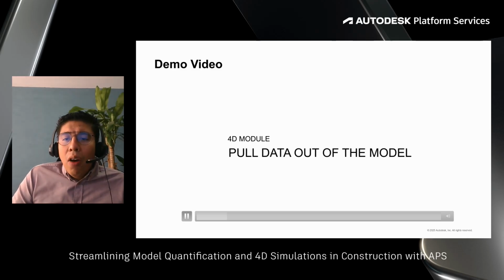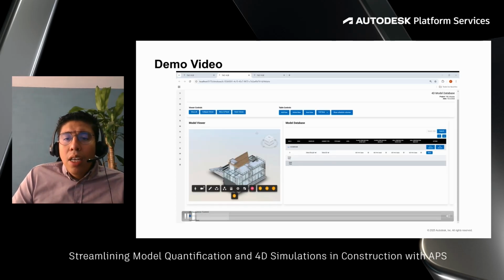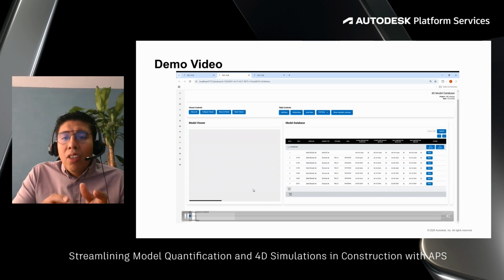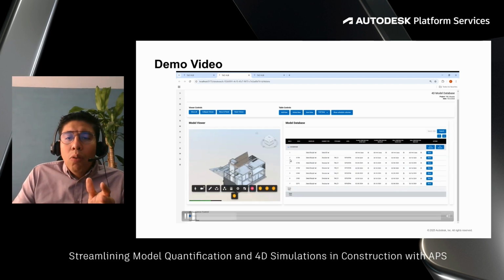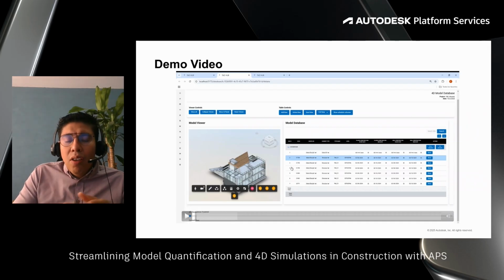Okay, pull the data out of the model. The data is going to be pulled out of the model by selecting the element, and then clicking the elements that you want to pull out. And these elements are going to appear in the table of the database. So this is a really simple process. You will have these extensions to select the elements that you want to extract, and then all the information that this element has is going to appear in the database.